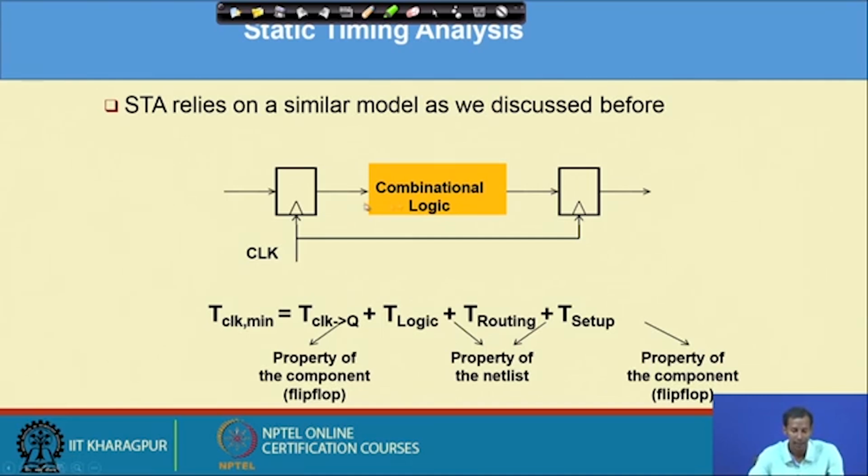Net delay means as the gates are connected from gate 1 to gate 2 or gate 2 to gate 3 by wire, the wire has an RC component. Because of that, it takes some time for the signal to traverse from one node to another through that wire. So, those delays will also be considered. That is this T routing.